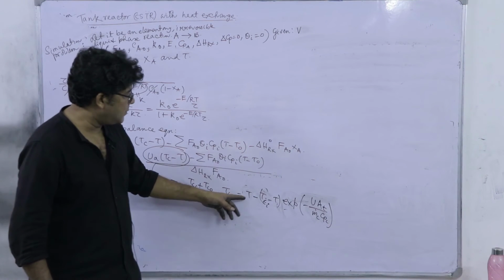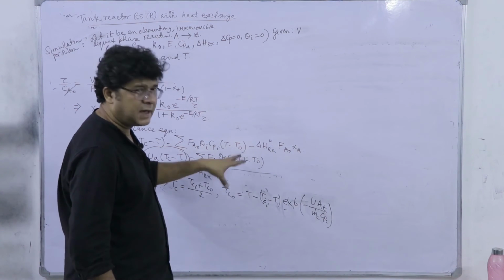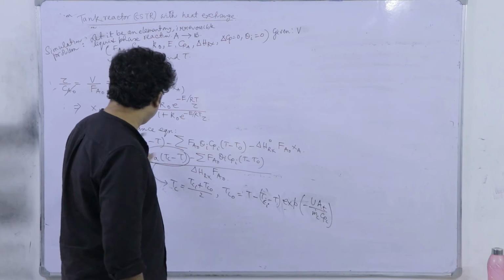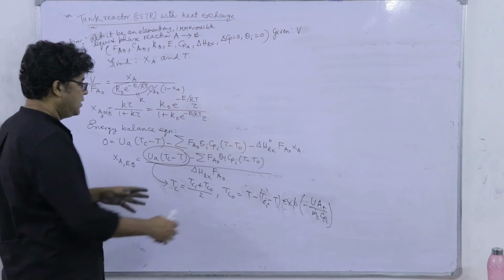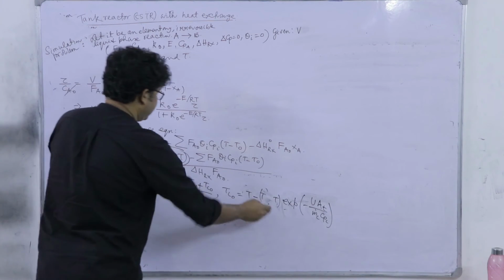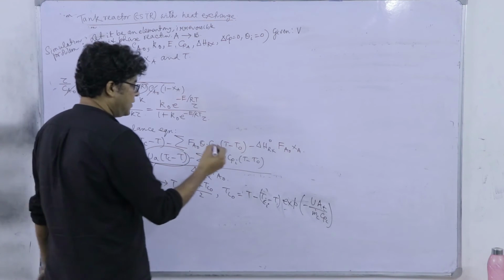And what can be done, that we will assume a T, and from there we will calculate a tentative Tco. So we will substitute it here. We will get an expression for Xa Eb as a function of T. Or if we entirely substitute it back here, coupling these two equations, still it will be a linear function of T.